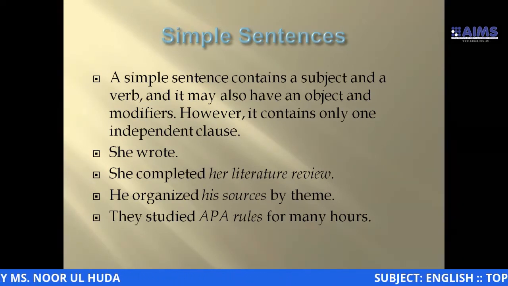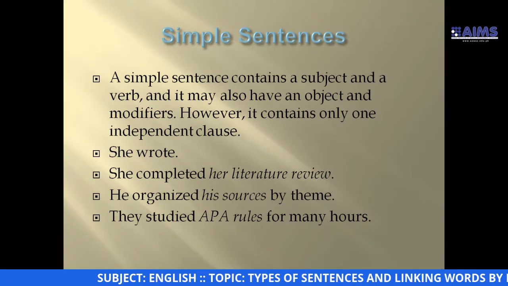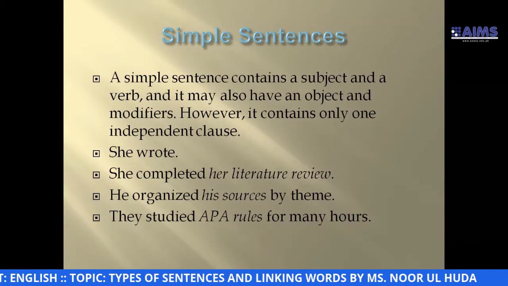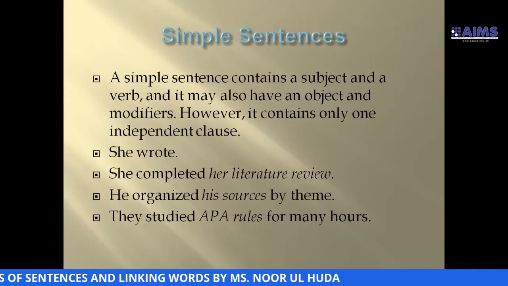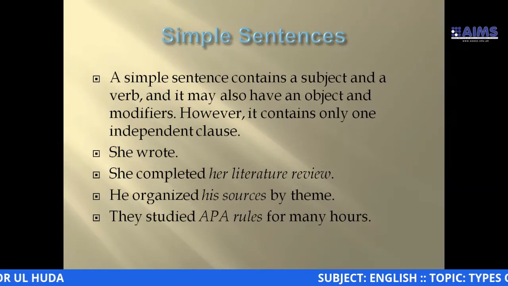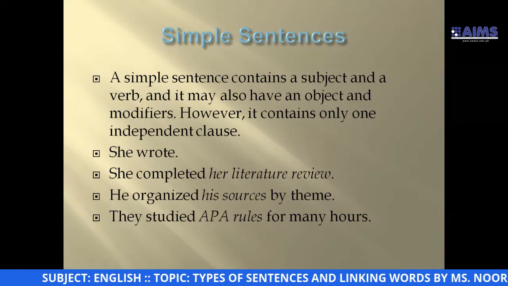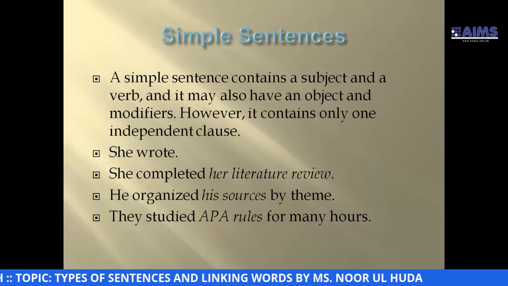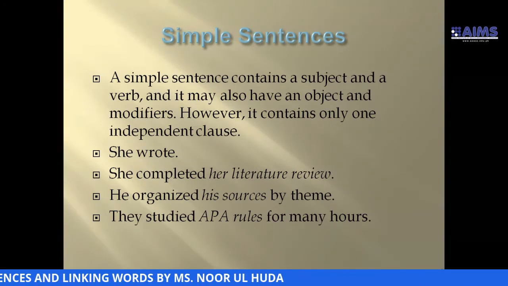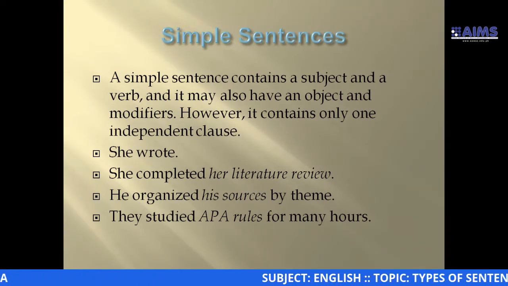One more thing to take care of while composing or identifying simple sentences is that having a compound subject in a sentence does not alter the sentence type. For example, Sarah and Hira wrote very well.